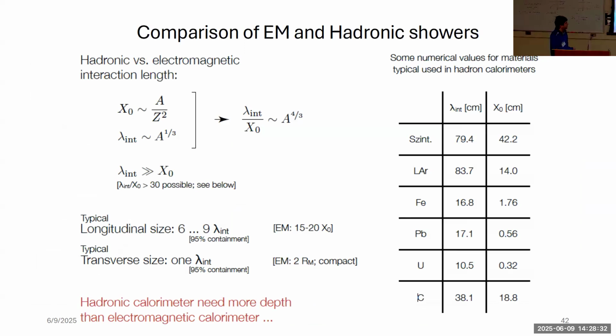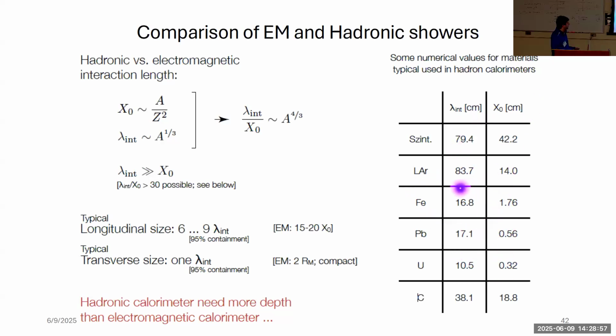So if you look at the two things that govern the respective showers, we said that the radiation length governs electromagnetic showers, and the hadronic interaction length governs the hadronic showers. This ratio will grow as a function of A, as A to the 4/3. And you can see that they can be very different.